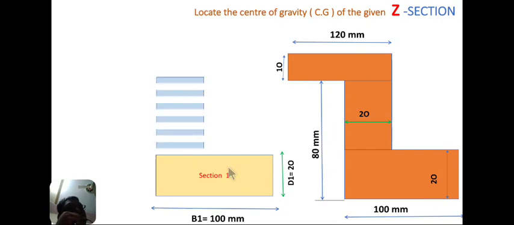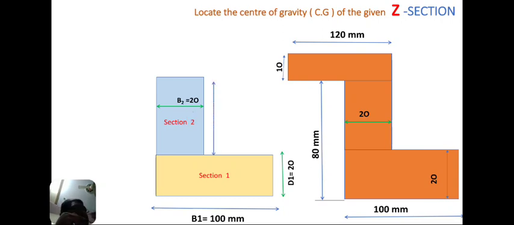Now vertical rectangle dimensions are base 2 equal to 20 mm, so B2 equal to 20 mm. Now height or depth D2 equal to 60 mm, where the total height from here to here is 80 mm.